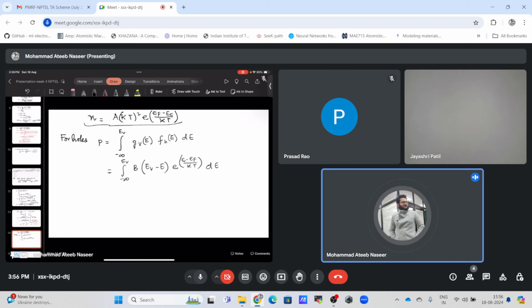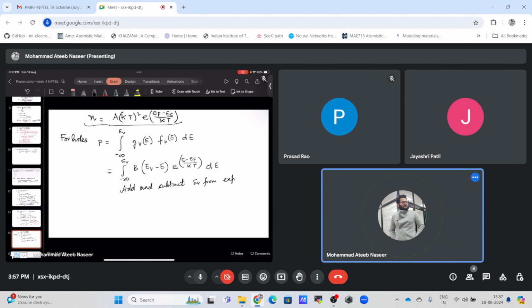We can similarly add and subtract this EV from the expression, like what we did in the previous one, for this concentration, adding and subtracting EV in the exponential.